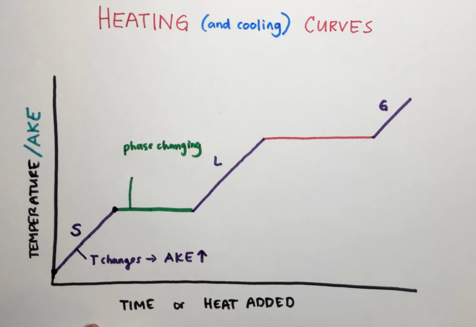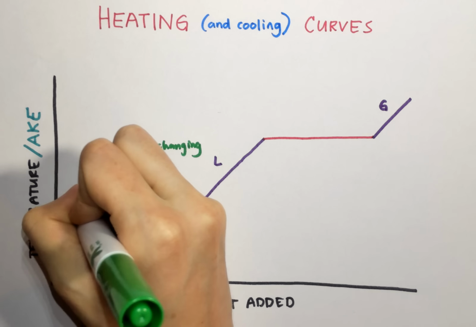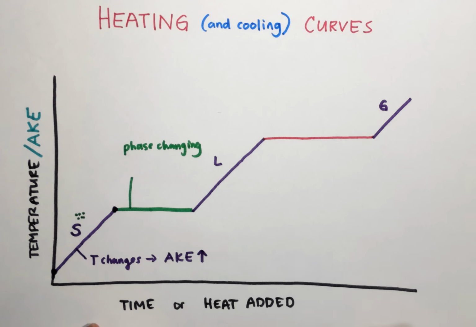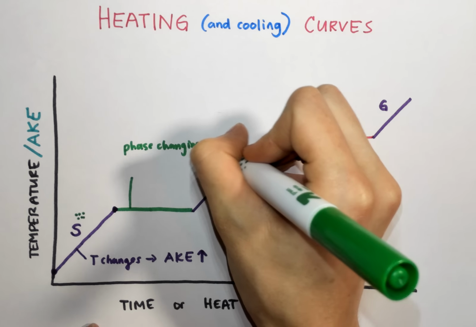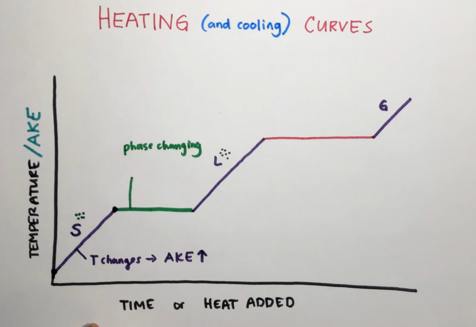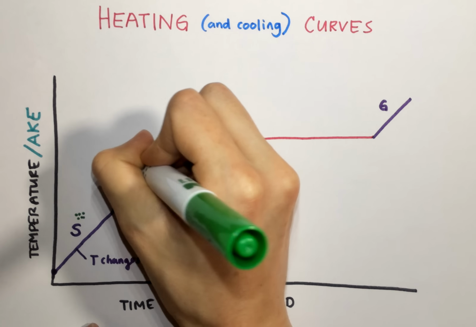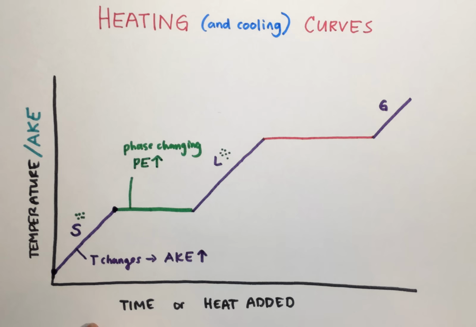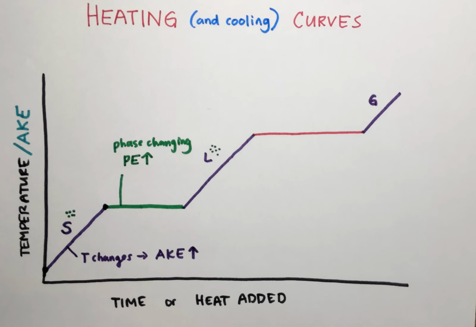We have to warm up that solid substance in order to get it to melt. We've got to heat it up. But the heat that we're adding is no longer associated with kinetic energy. Instead, it's associated with pulling those solid particles apart so that they can become more like a liquid. So that type of change is associated with potential energy. So here it's potential energy instead of kinetic energy that's changing.